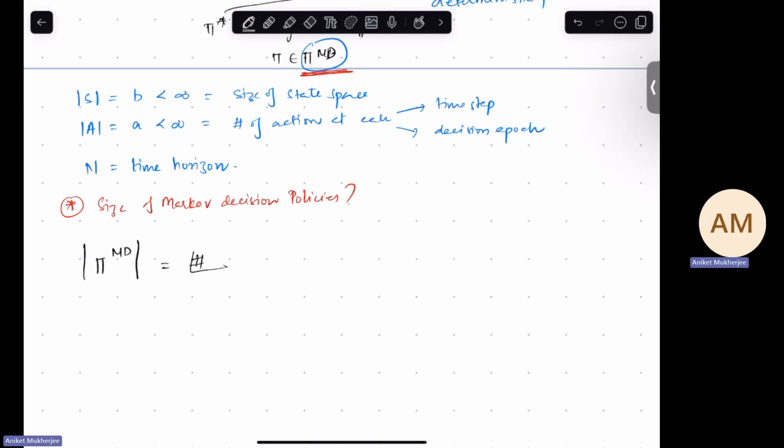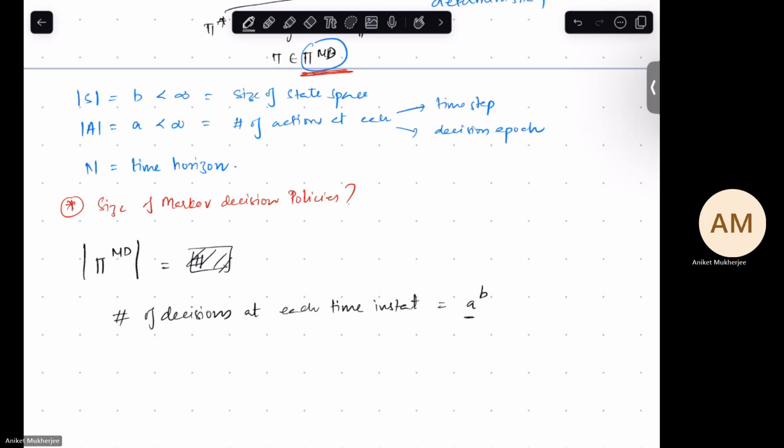I'm writing down the number of decisions at each time instant, which is A power B. Because we have A choices, that is your action space, for each state, and there are B states.